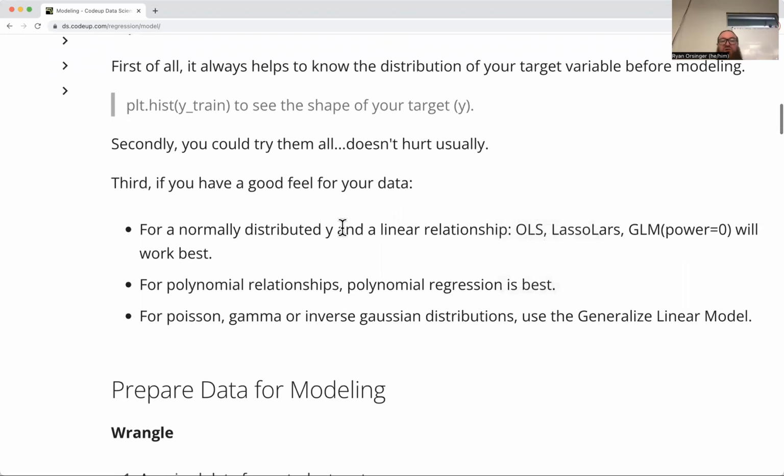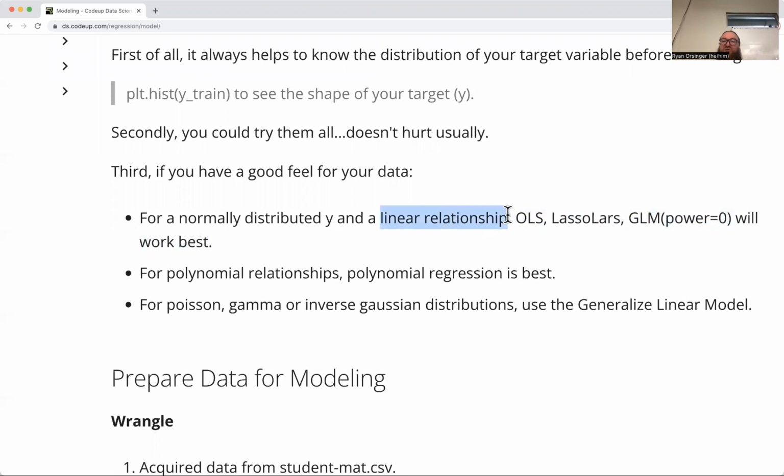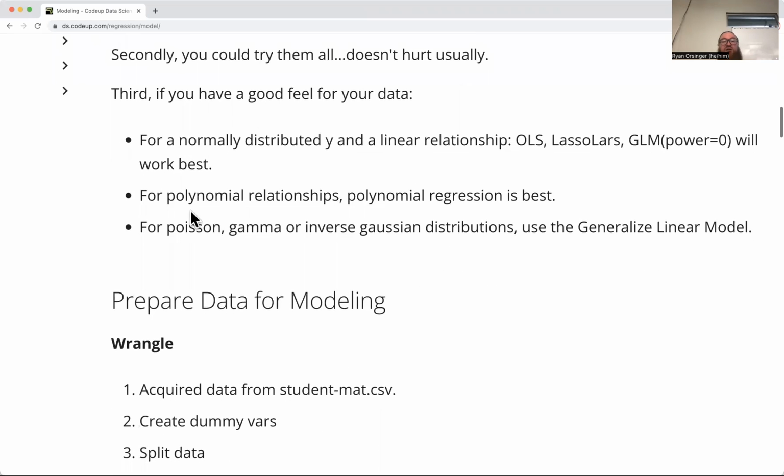So if we have a normally distributed y and a linear relationship with our target variable or variables, we'll use OLS, LassoLars, or the Tweedie regressor, that generalized linear model of power 0. If you have a curvilinear relationship, polynomial, and if you have any kind of distribution that looks like a stressed out normal distribution, that's really how I look at these: Poisson, gamma, or inverse gammas, they look like a normal distribution that's under some sort of compression or tension.